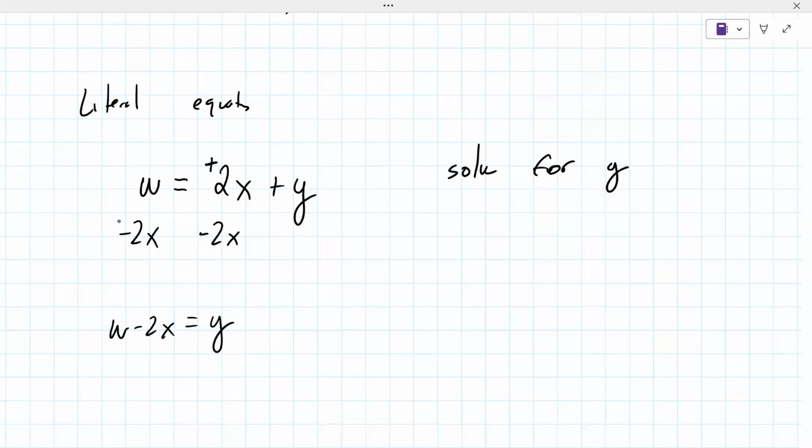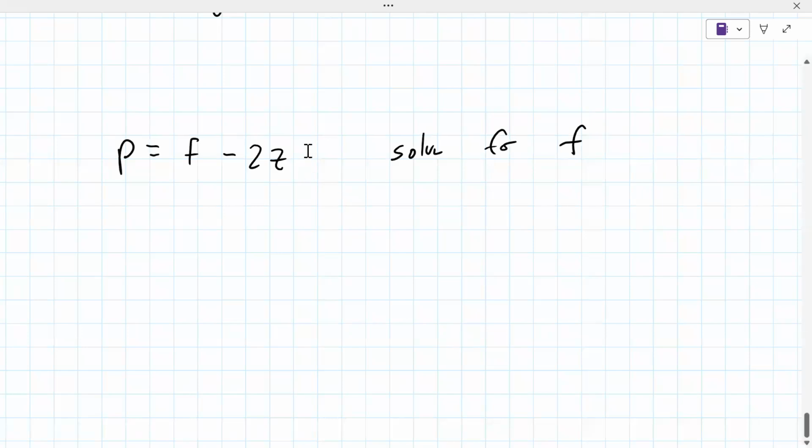Any questions on that one? No. Okay. Let's say that P equals F minus 2Z, and I want you to solve for F. This is a new equation, F minus 2Z. I don't know where you're getting the 22, or maybe it's hard to see.